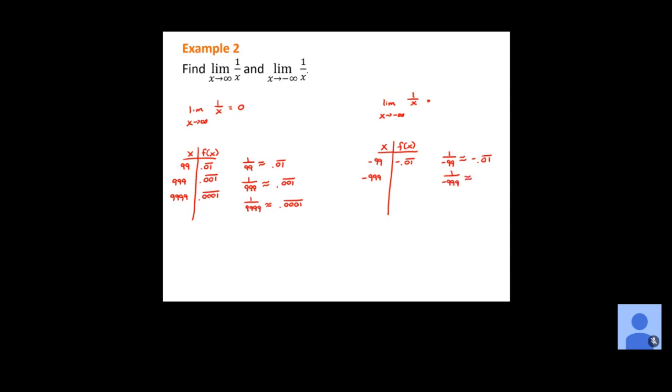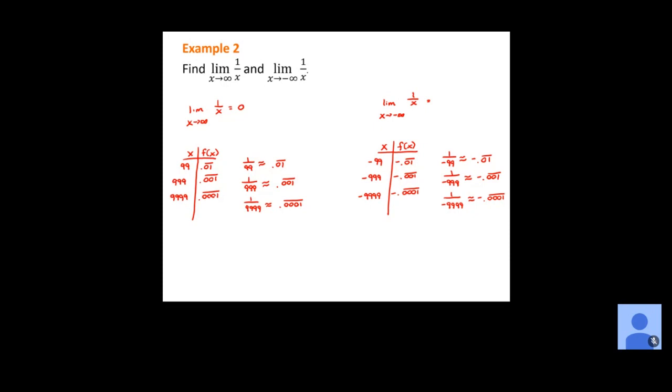So again, same decimal, only negative, so negative 0.001, repeating. And if we go with negative 9,999, it's going to be negative 0.0001, repeating.